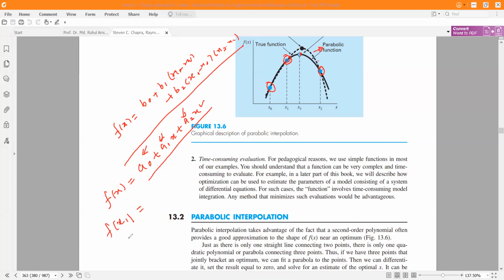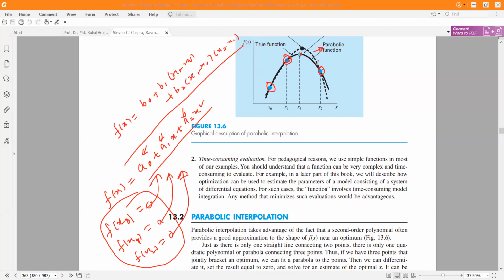Because if we put the point x0 there, we will have an equation. If we put the point x1 there, we will have another equation, and if we put x2 there, we will find another equation, isn't it? You replace your x by x0, replace your x by x1, replace your x by x2.